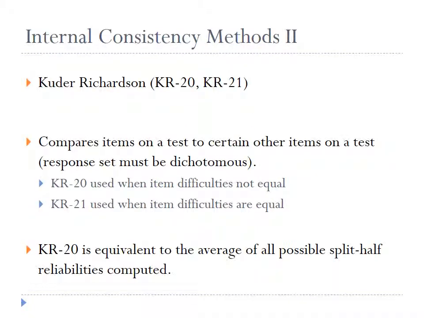An alternate approach is to use something called the Kuder-Richardson methods. There is a Kuder-Richardson 20, or KR20, and KR21. What this approach allows you to do is make comparisons between specific items on a test.